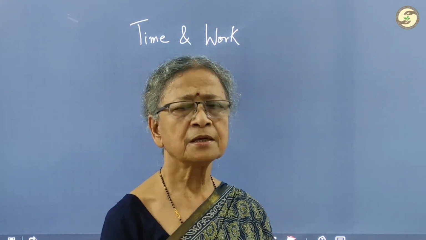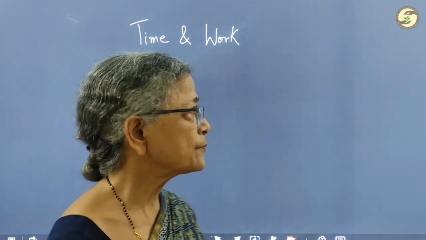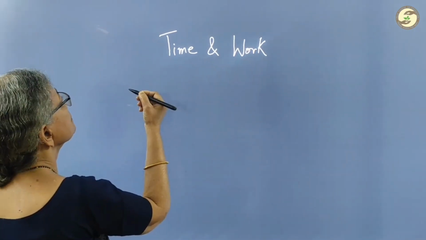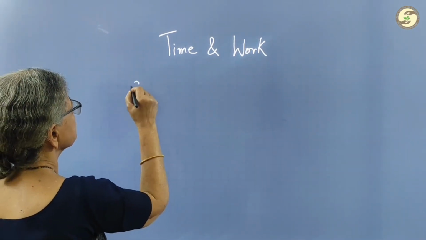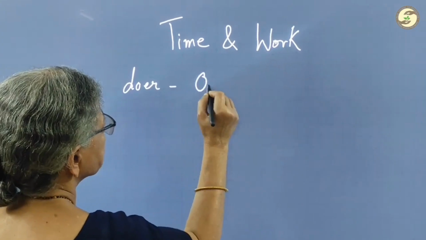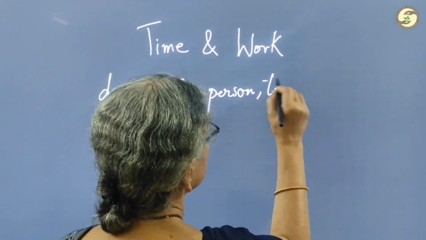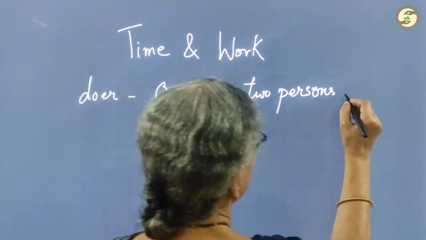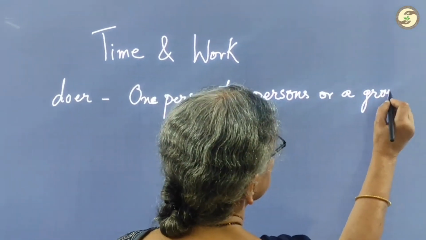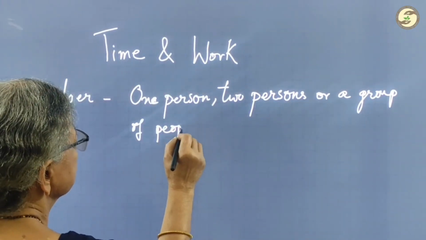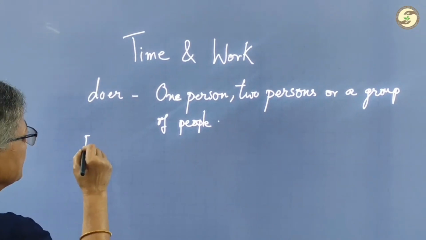So let us see what we have discussed till now. What is missing is the doer. Doer could be one person, two persons, or a group of people. And what is efficiency?